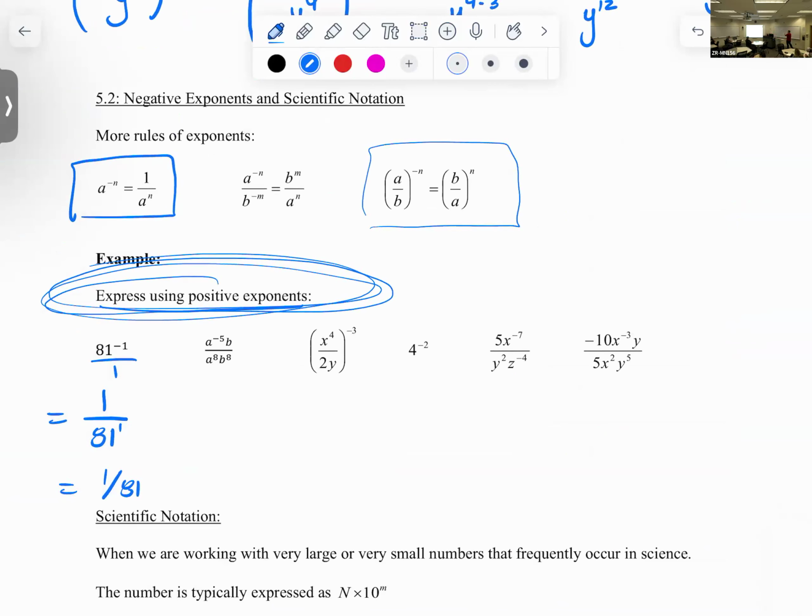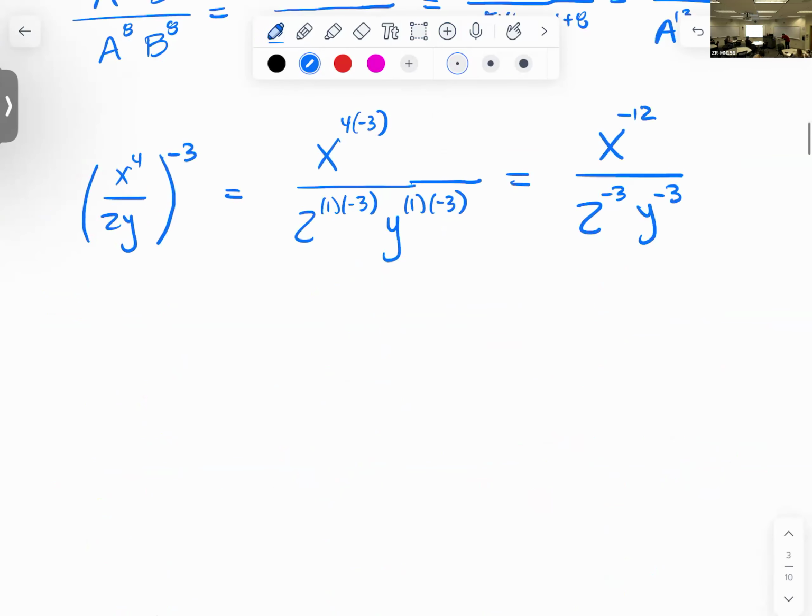It says that you can just flip the fraction. So again, you can speed yourself up, or you can just do it one step at a time, whatever is easier for you. But that means the 2 goes up, the y is going to go up and become positive, and the x is going to go down and become positive. And now I have everything expressed in positive exponents.